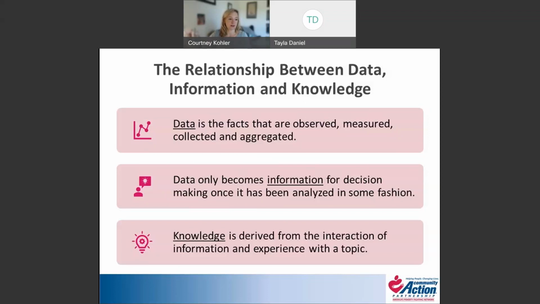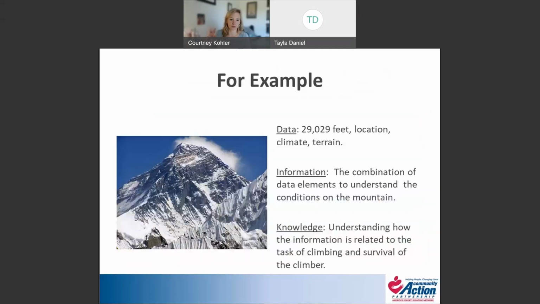And so one real world example of this is, maybe not real world to some of you, but if you wanted to climb a mountain, you might look at some of the data related to Mount Everest. So it might be the height of the mountain, the location of it, the climate, the terrain, but those elements themselves are not necessarily useful until you turn them into information. So you might combine those data elements to understand what the conditions are on the mountain.